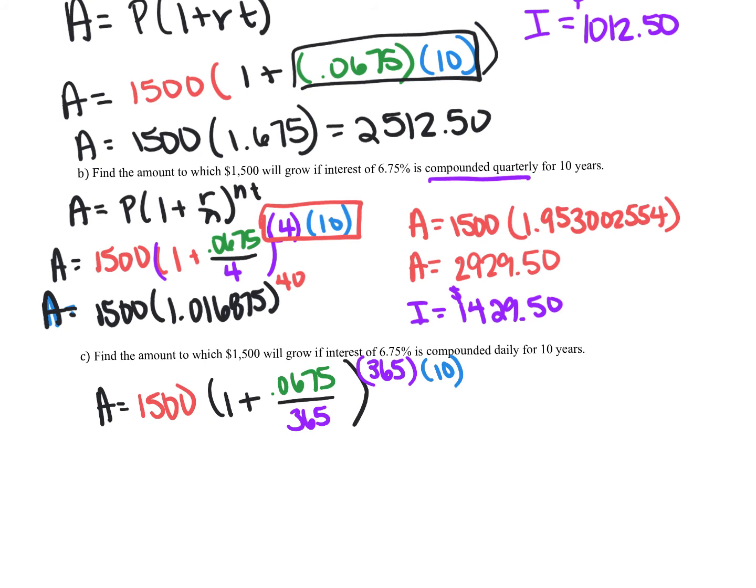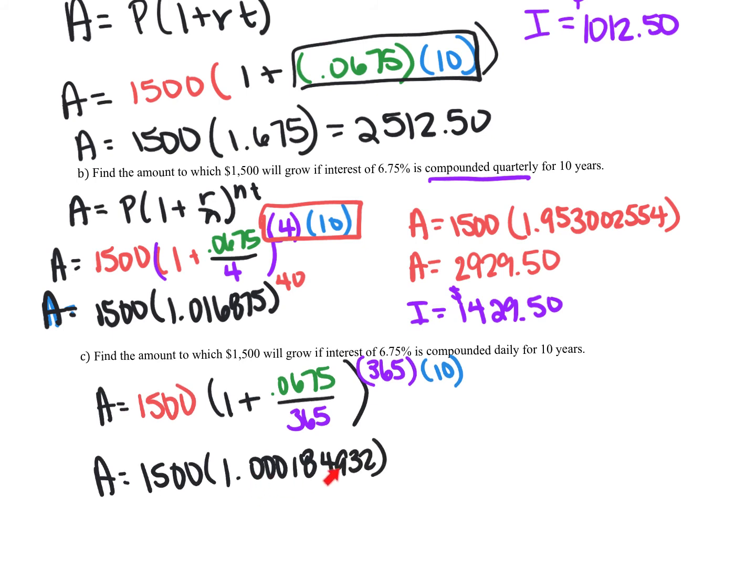So this time when I calculate 1 plus 0.0675 divided by 365, I get a very small number close to 1. So it's 1,500 times, and I get this number here, 1.000184932.